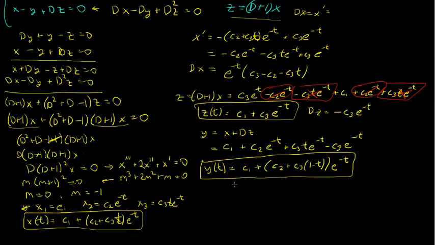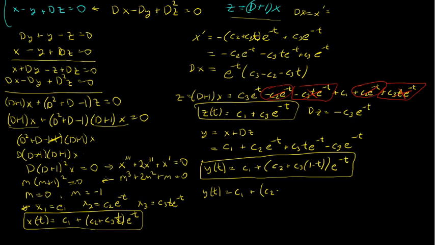I have a slightly different answer here. I actually, for y of t, I have c1 plus c2 minus c3. Did I miss a minus sign here somewhere? This is c2 plus c3t, right?